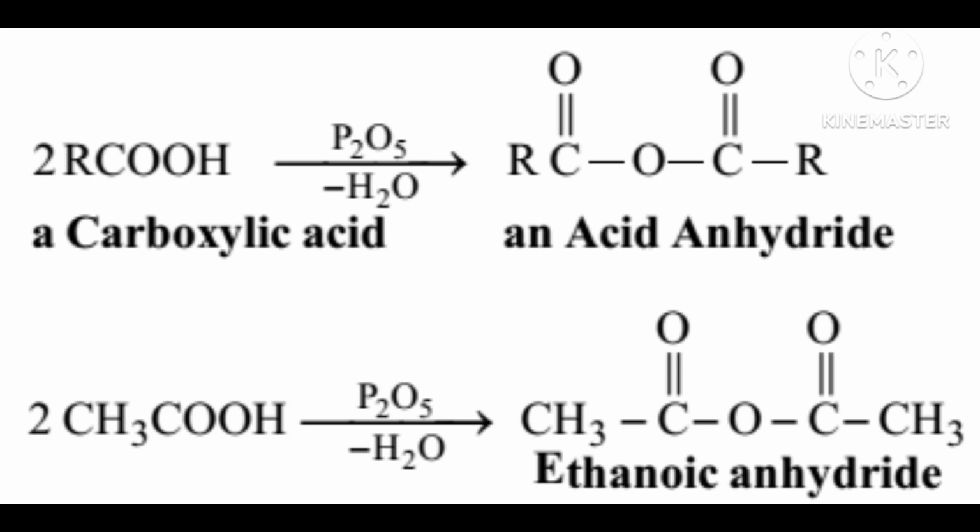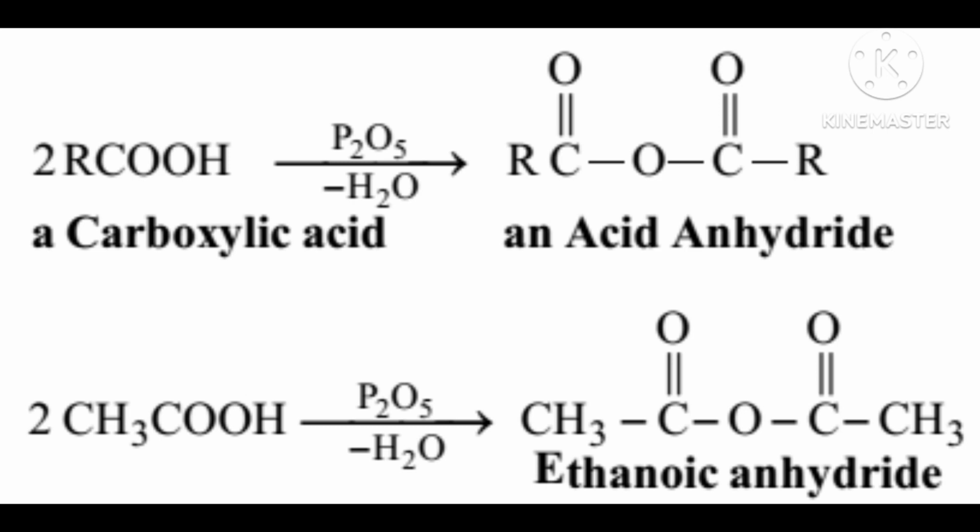Then what will happen, now two OH groups are present on the carbon, joined with carbon. Then there is the other hydroxyl group, OH, and from that H, another OH. So two OH groups are there. Then one OH bond will break, the carbon-OH bond will break.